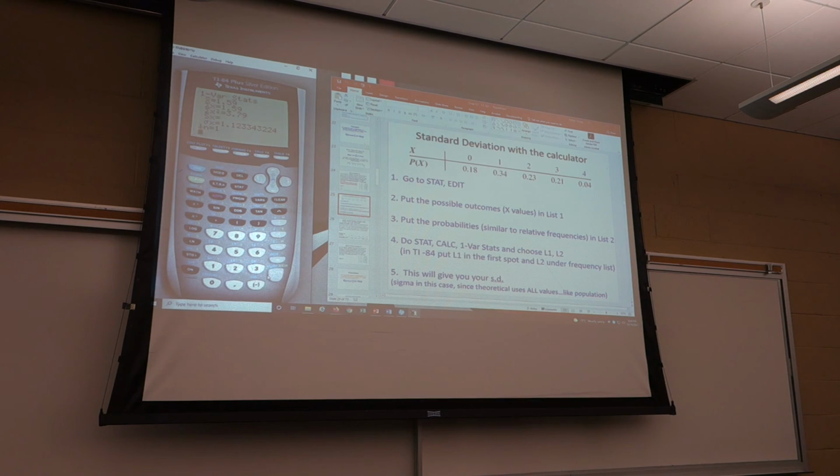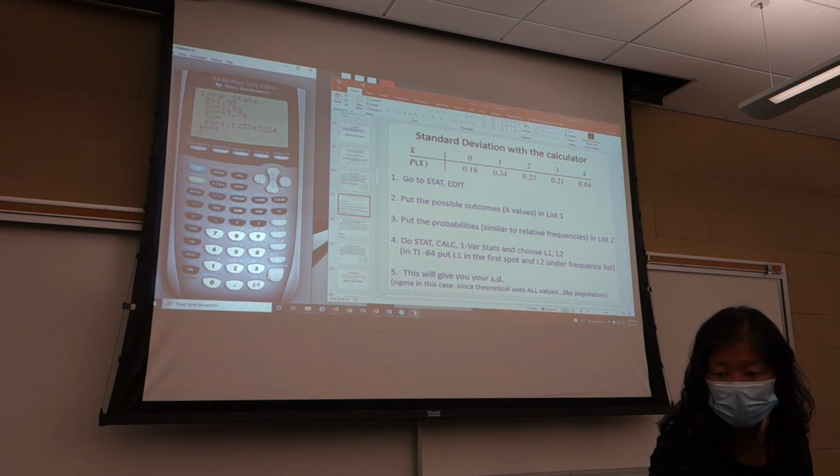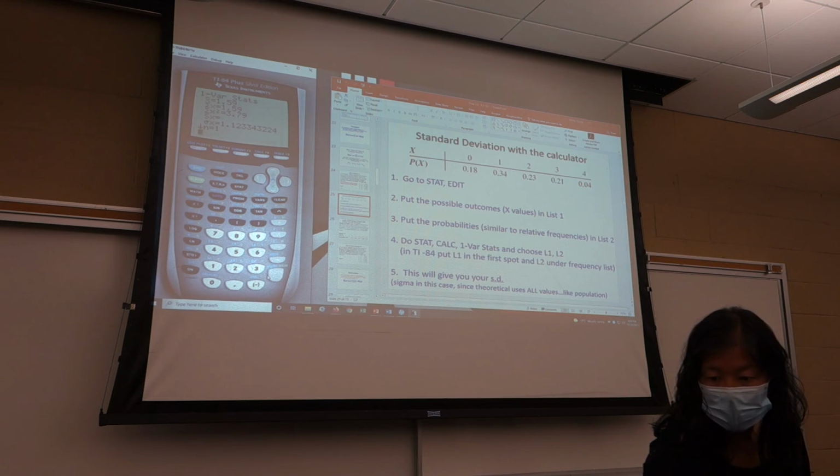You went L1, comma L2: second 1, comma above the 7. The comma's above the 7. Go to calc, hit enter, and then second 1, comma, second 2.